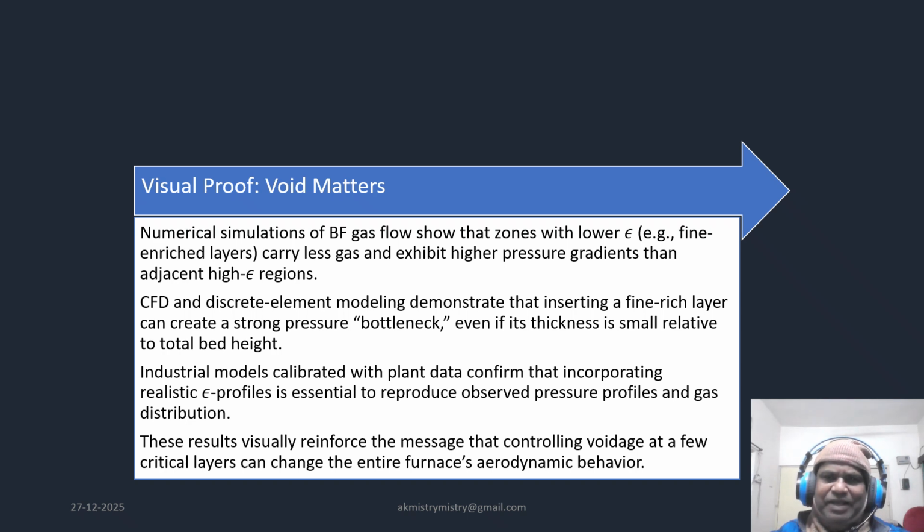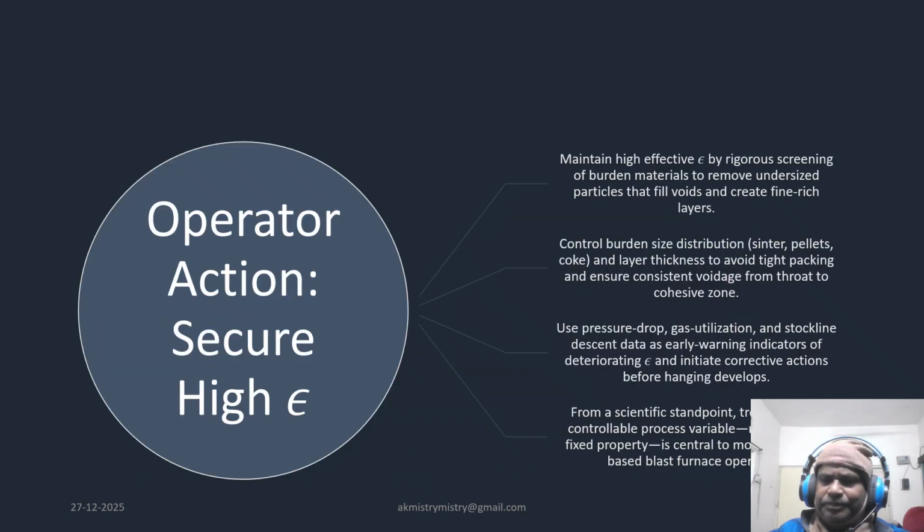Treat epsilon as a controllable process parameter by consciously managing void fraction through screening, burden design, and PCI discipline. Operators can prevent many of the drastic instabilities before they ever appear in the furnace. So these are the operator actions to secure high void fraction.